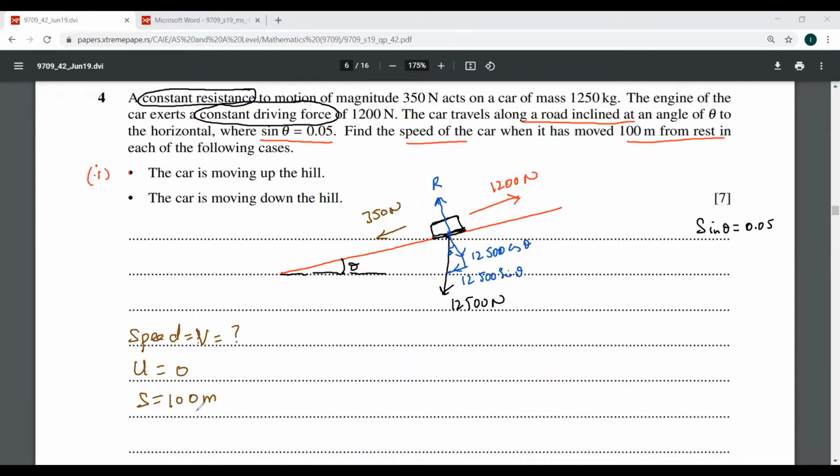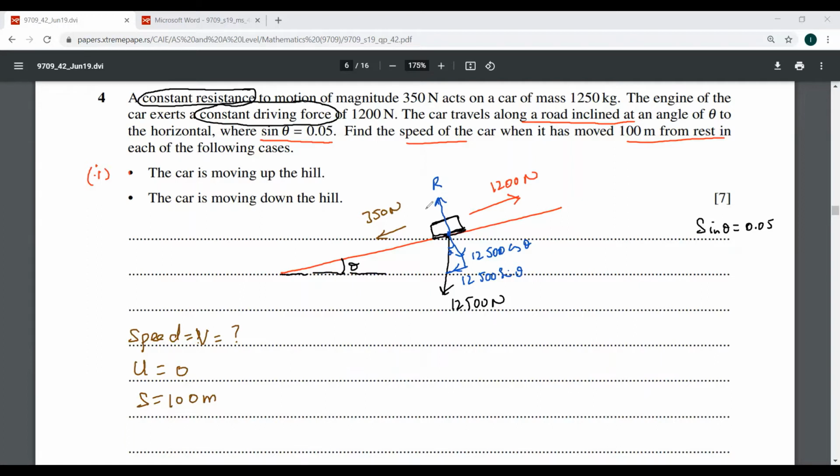Now, it says the constant resistance to the motion is 350 newtons. Do we need to calculate R and then the frictional force? I think that is given to us, after considering R and the coefficient of friction.